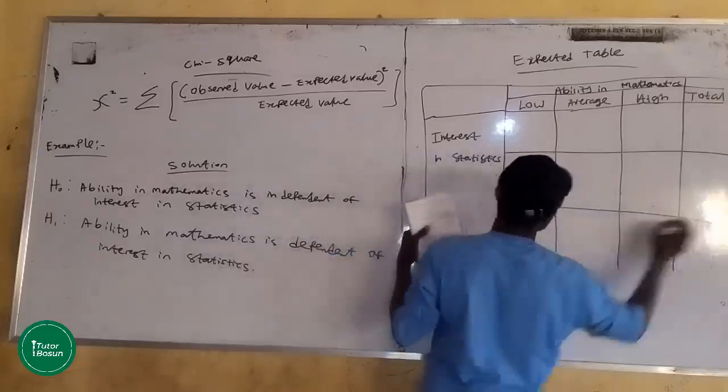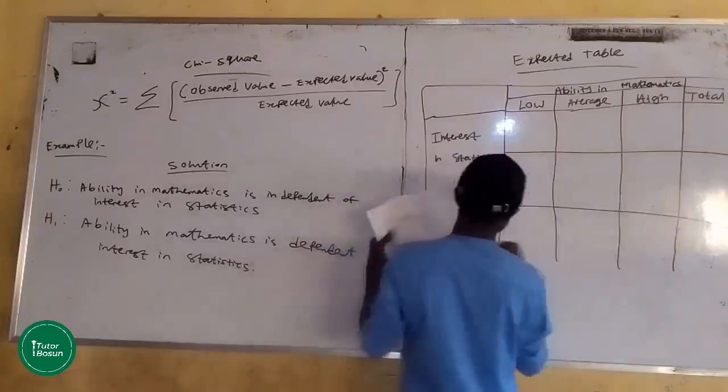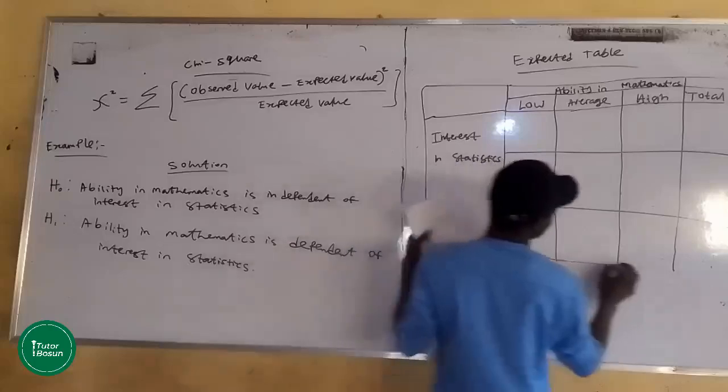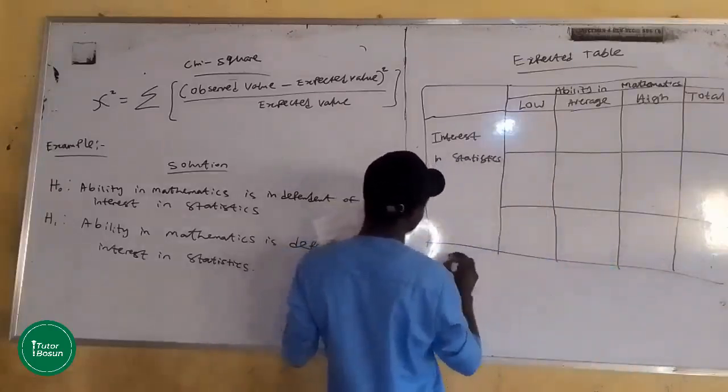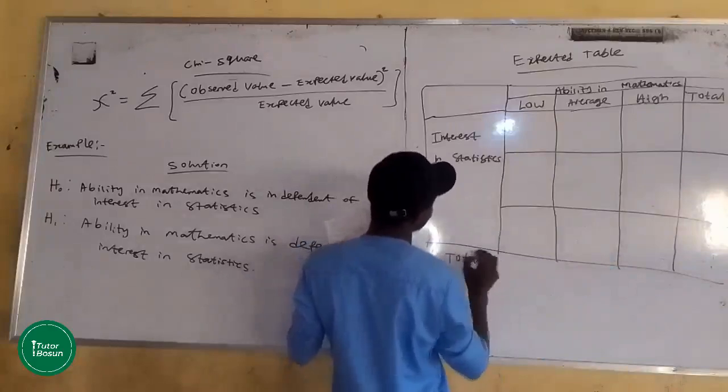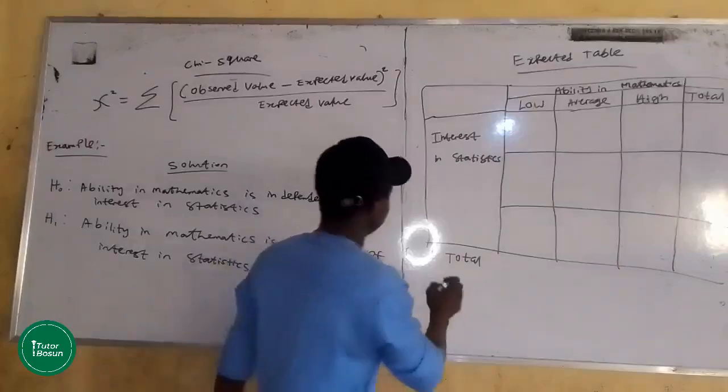Here we have this, and we have the last one. Then this can represent our total. We can have our total here, right here.